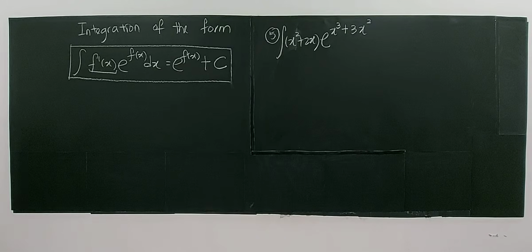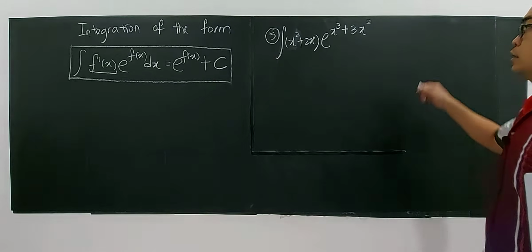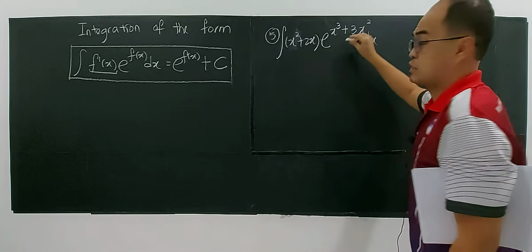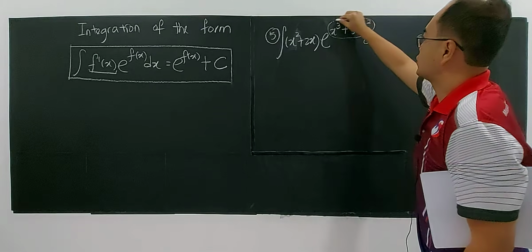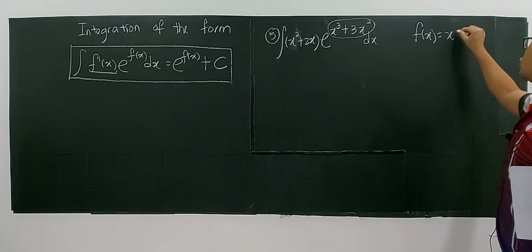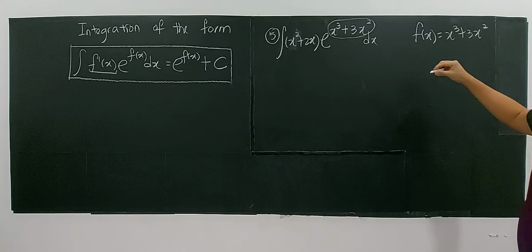Alright, okay, let's continue with more examples. Okay, this is a non-linear function. Integrate, it seems very complicated, right? So I just write it out to be x³ + 3x², and I try to differentiate.